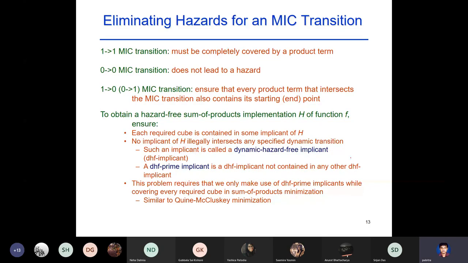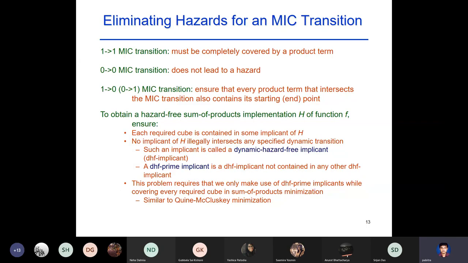So you have a kind of implicant which is called a DHF implicant, a dynamic hazard-free implicant. If you look at any of these dynamic transitions, and none of these implicants illegally intersects any of them, then you call it a DHF implicant.